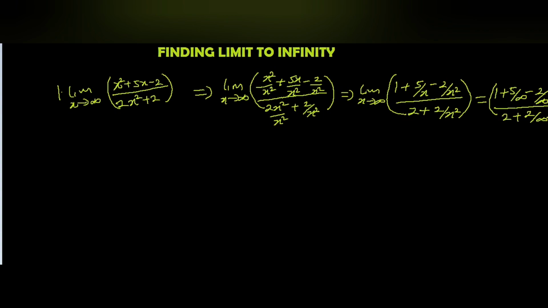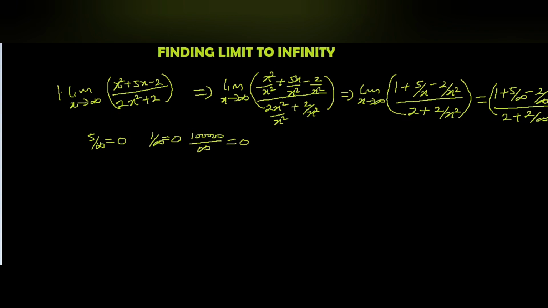Now, before I evaluate this to the final answer, I would like you to know that anything divided by infinity is going to give us 0. Anything divided by infinity is going to give us 0. Let's say 1 divided by infinity is equal to 0. 1000 whatever divided by infinity is going to give us 0.